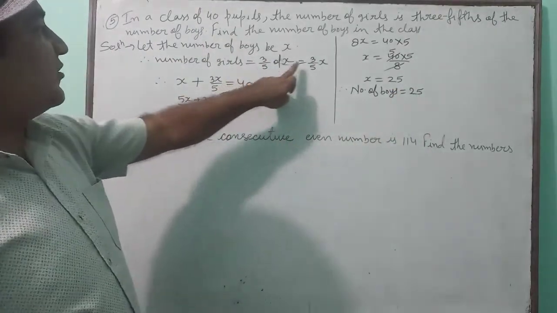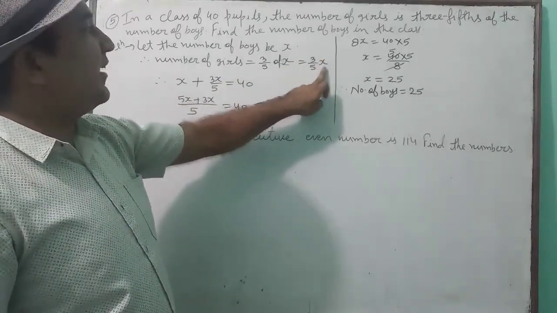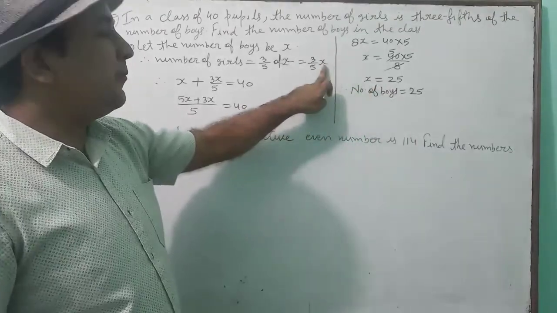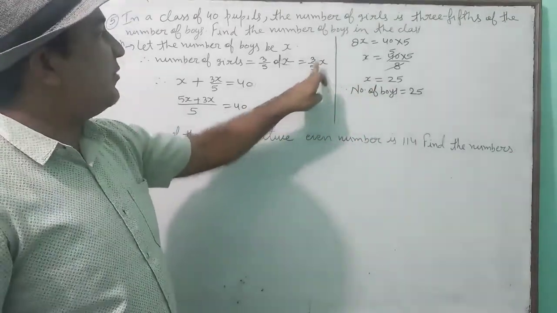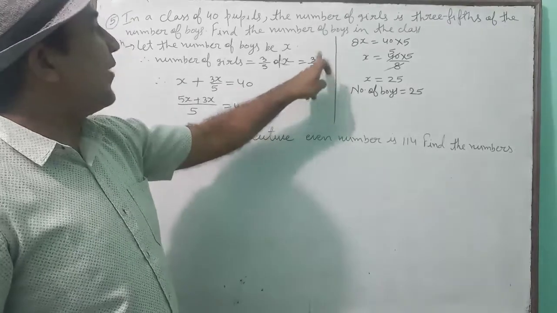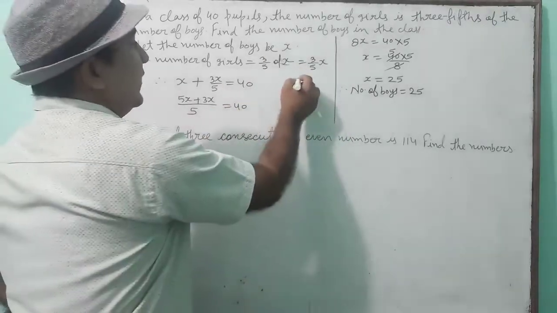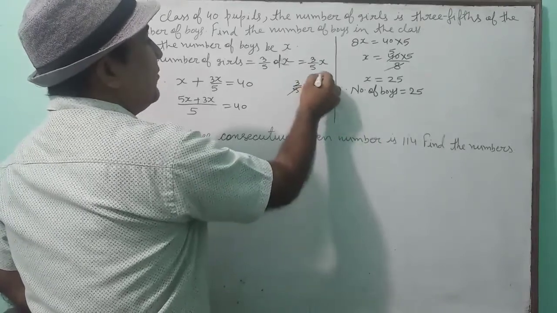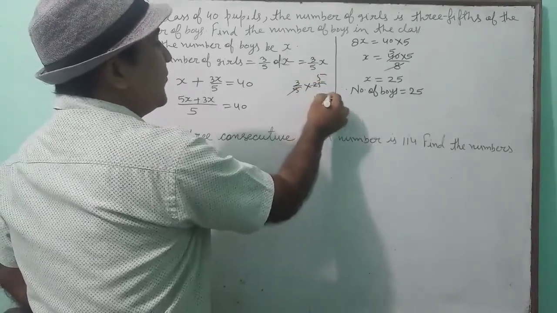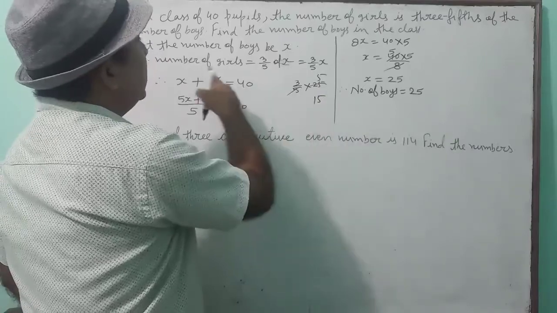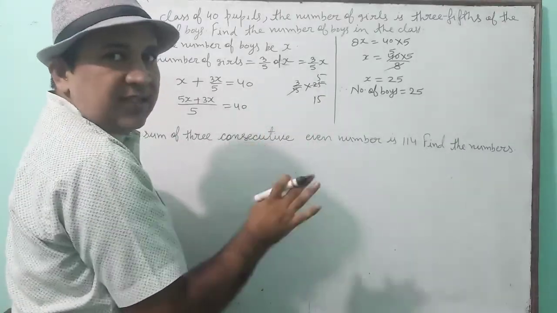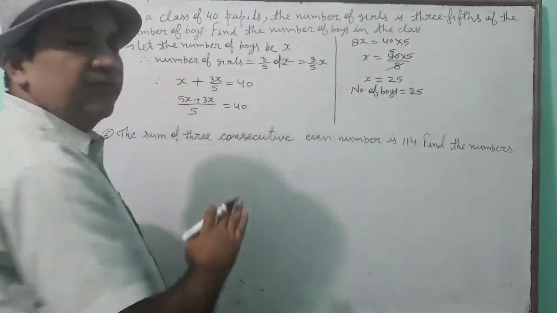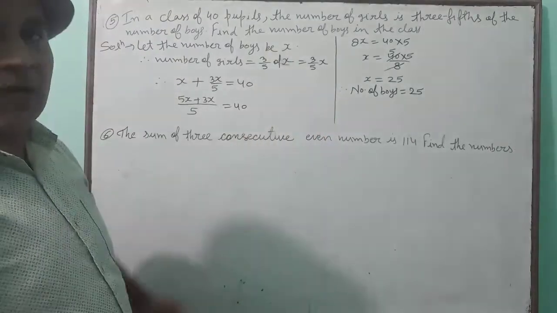Otherwise, girls are 3 by 5 x, by putting the value of x equal to 25, 5 will divide 25 giving 5, and 5 threes are 15. That means 15 will be the number of girls. But the question is not asking the number of girls, so we will not do this. Understood? Only this will be your answer.